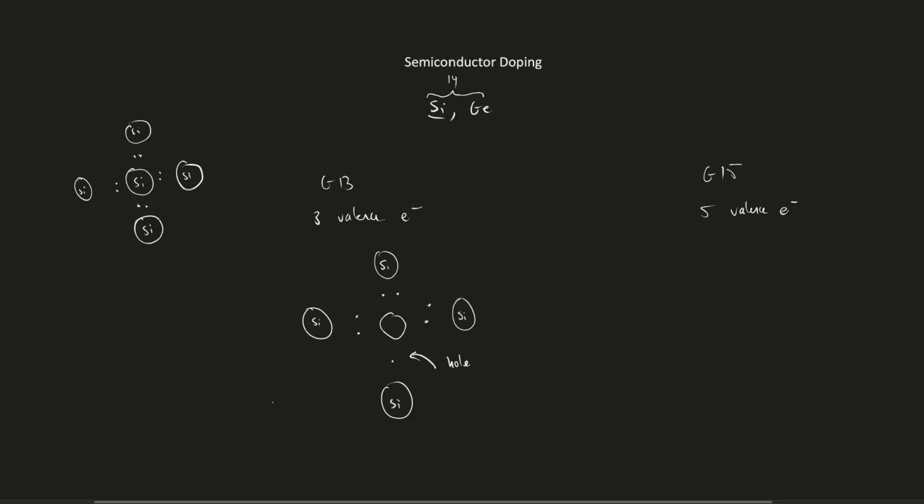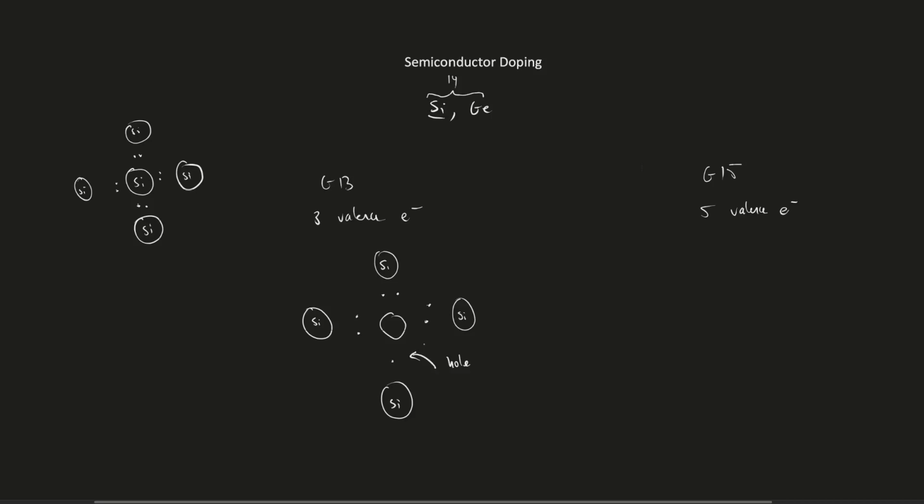Now, the effect of this is essentially these holes can carry current as well. And so you end up with the ability for the semiconductor to be more conductive, because it has these holes which can themselves carry current in addition to the electrons.